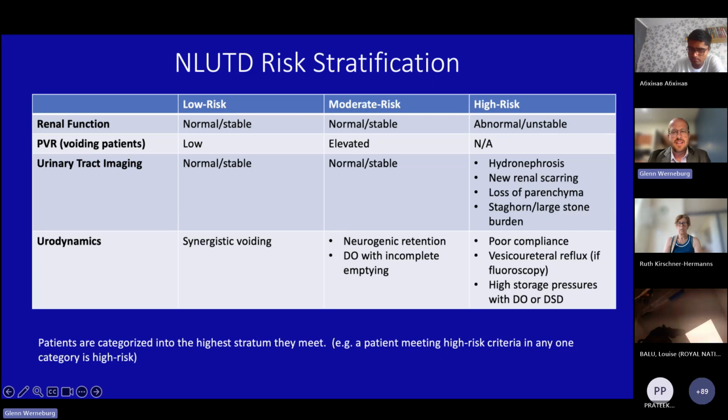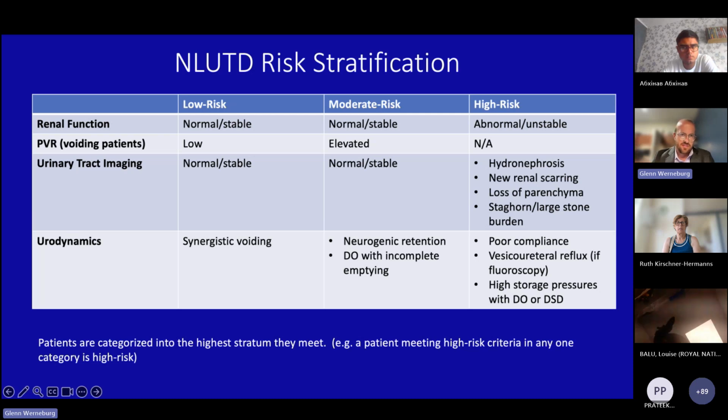So if a patient has any one of the high risk criteria, so if you look at the column on the right, if the patient has poor bladder compliance, but everything else is normal, they get categorized into that high risk group. Same goes for if they have new renal scarring, but everything else is normal, they're still high risk for upper tract deterioration. So you can see the low risk patients, and by the way, all of the studies are shown here.